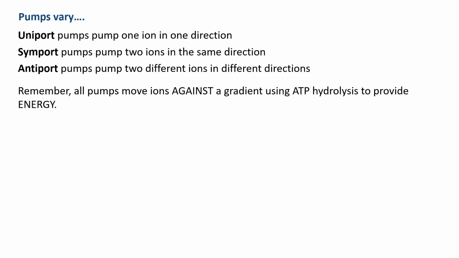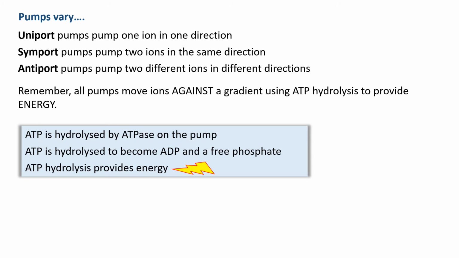So remember, all pumps move ions against a gradient using ATP hydrolysis to provide energy. ATP is hydrolyzed by ATPase on the pump. ATP is hydrolyzed and it becomes ADP and a free phosphate. And this hydrolysis provides energy.